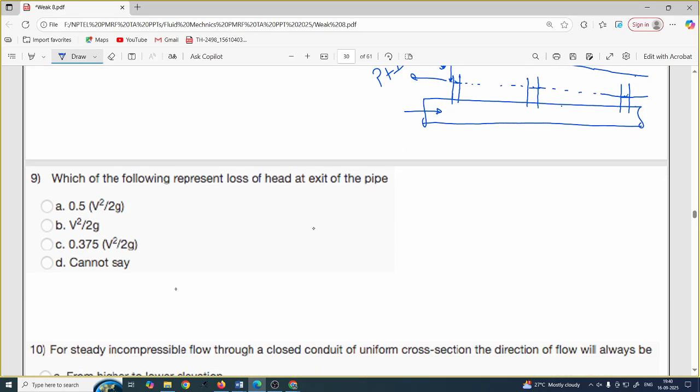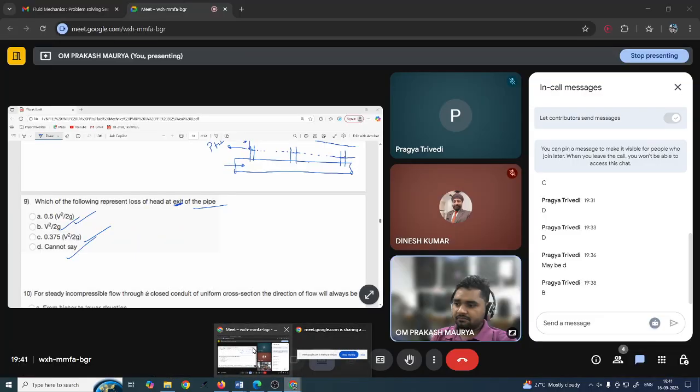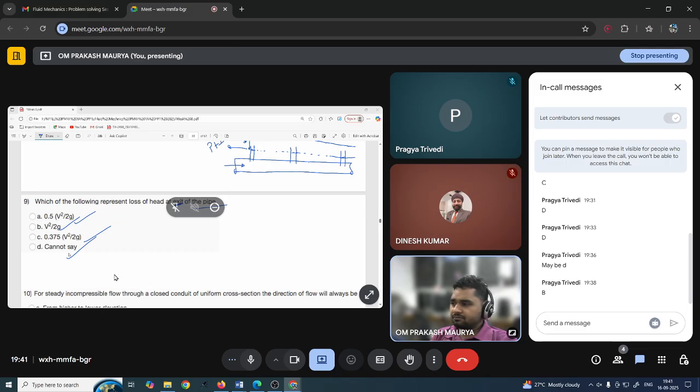So next one is, which of the following represent the loss of head at exit? Very important. At exit of the pipe: 0.5 v square by 2g, v square by 2g, 0.375 v square by 2g, cannot say. Question number 9. Which of the following represent the loss of head at exit of the pipe?